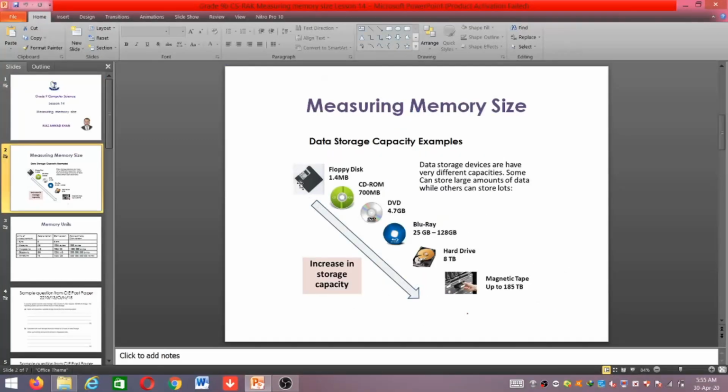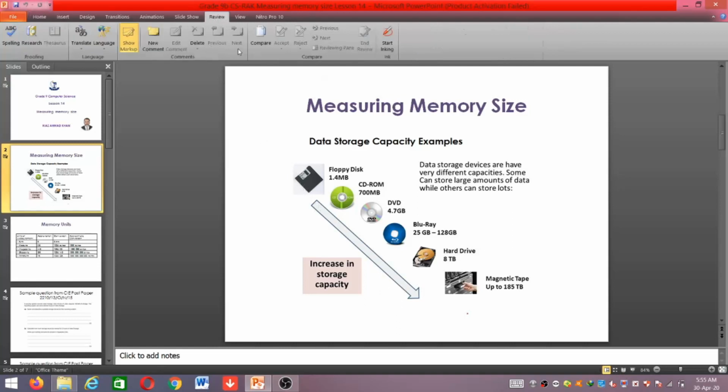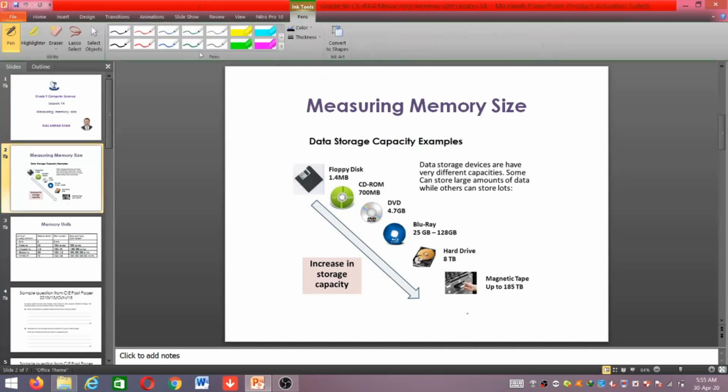Now, why do we need these storage units? You may have noticed that we have different units in daily life, like kg, kilograms, and ml, milliliter, or liter.